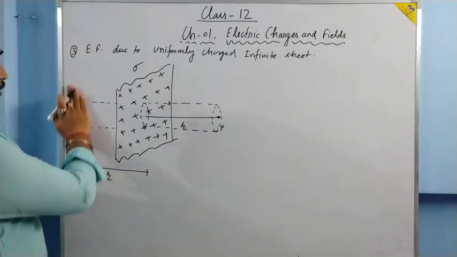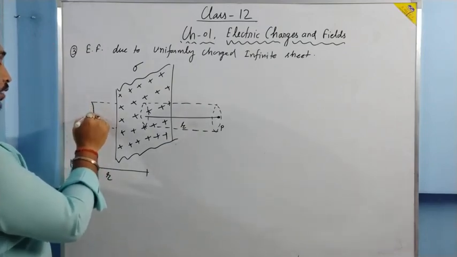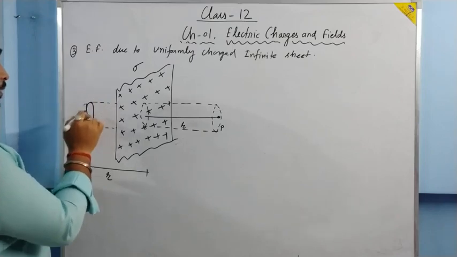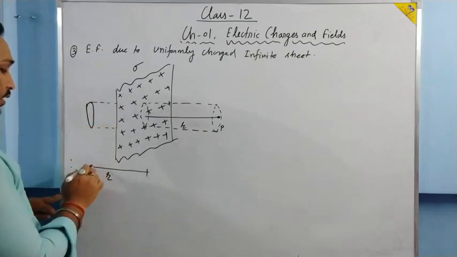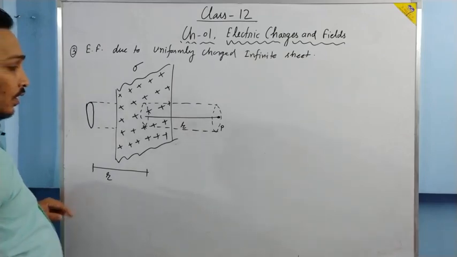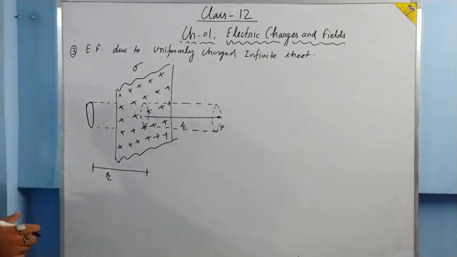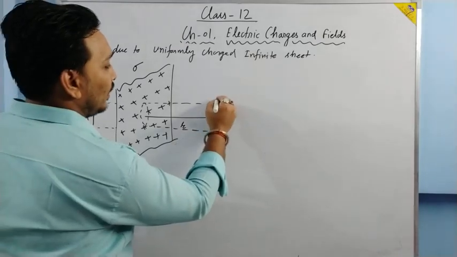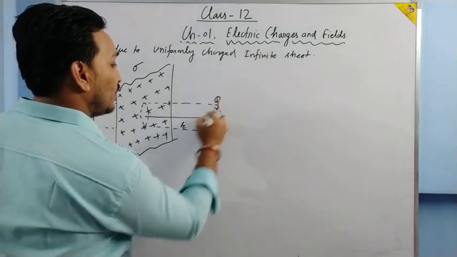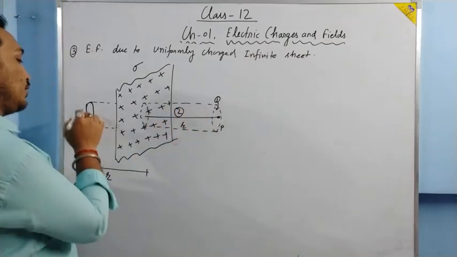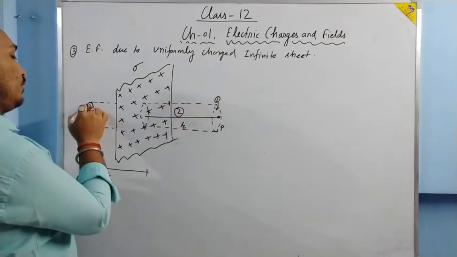Let me make it a smaller one so that we can write the electric field somewhere here. Suppose this is your distance R. So this is the whole diagram. Now the cylinder will have three surfaces. Let this flat surface be 1, this curved surface be 2, and let this flat surface be 3.